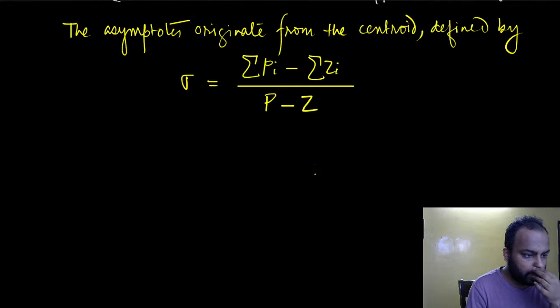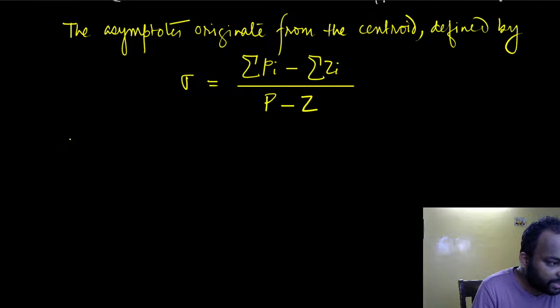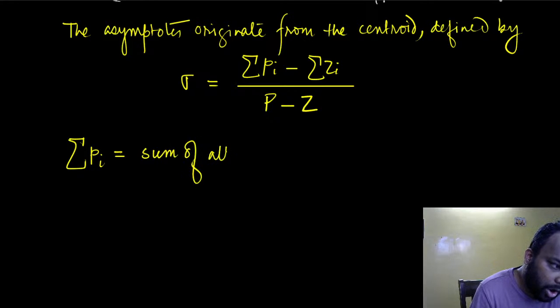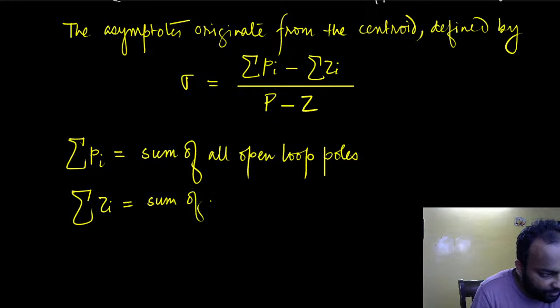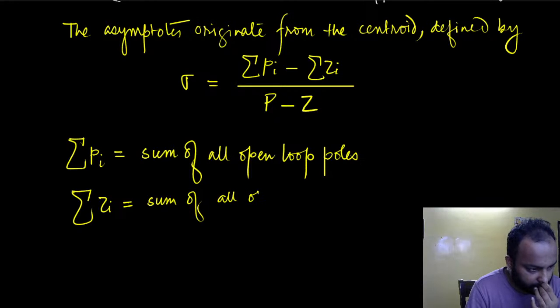So what does this mean? Let me just write it down. Summation pi equals the sum of all open loop poles, summation zi is the sum of all open loop zeros.